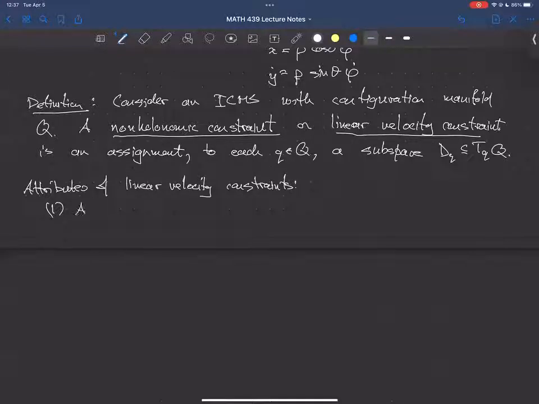So let me say how you would define that. Okay, so a linear velocity constraint, let me abbreviate it like so, D. All right, so D is going to be a subset of the tangent bundle, right? So at each point it's a subspace.